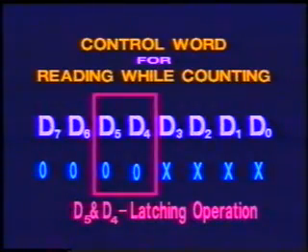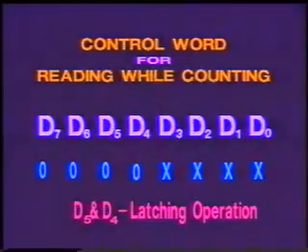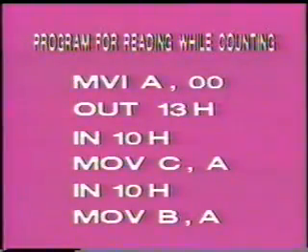The 00 on bits D5 and D4 represent latching operation. The OUT 13H instruction loads the control word into the control register. The IN 10H instructions load the count value into the BC register pair.